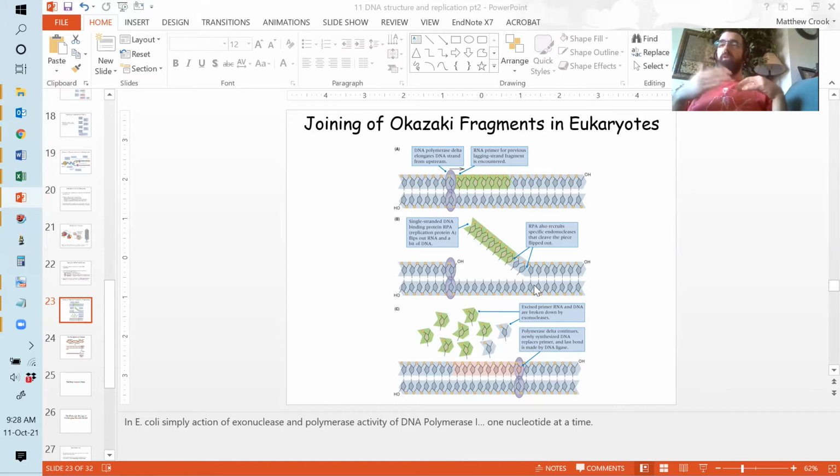So you removed the obstacle that was in its way, and it then just continues until it hits the beginning of the next piece of Okazaki fragment, but the DNA of it, right? So now all that's left is a gap in the backbone between the sugar of the last nucleotide added and the phosphate of the next nucleotide. And that obviously gets sealed by DNA ligase.